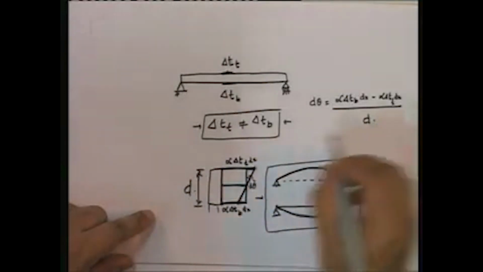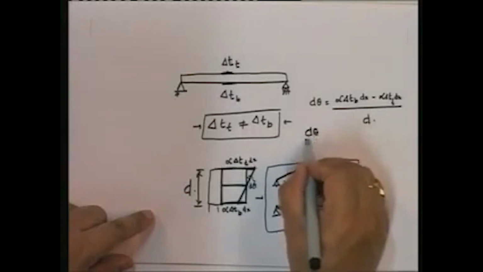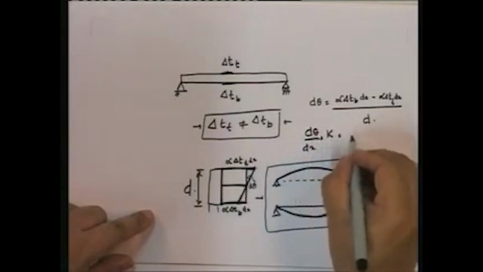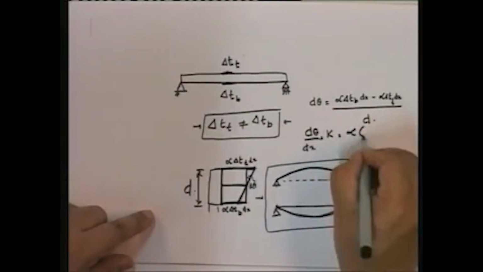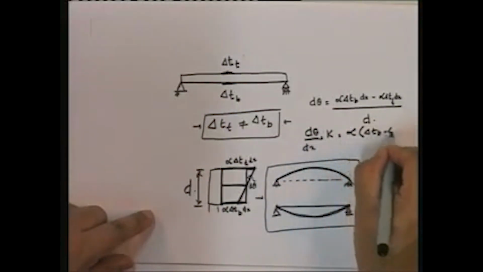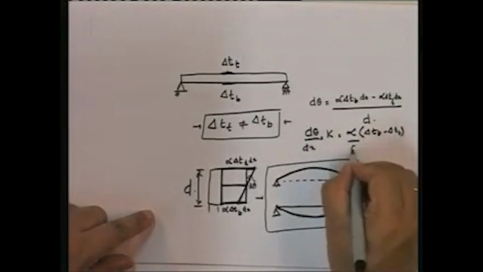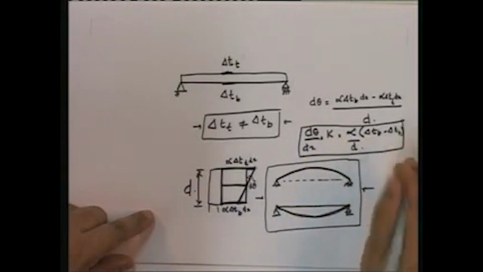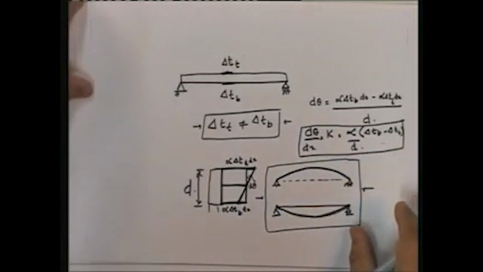So therefore, d theta by dx, what is that? The curvature. Curvature is given by alpha times delta T bottom minus delta T top upon d. This is the real curvature due to a differential temperature. And once you have the real curvature, then how do you find out anything?